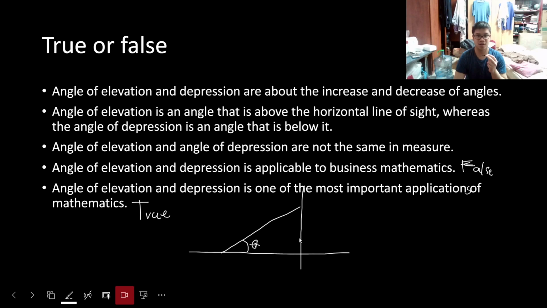Suppose the distance between the bottom of the ladder and the wall is 4 meters, and you want to find this one, and you have a given angle here. So here you can apply angle of elevation. Or if you want to apply angle of depression, you can, but the angle would be here instead.